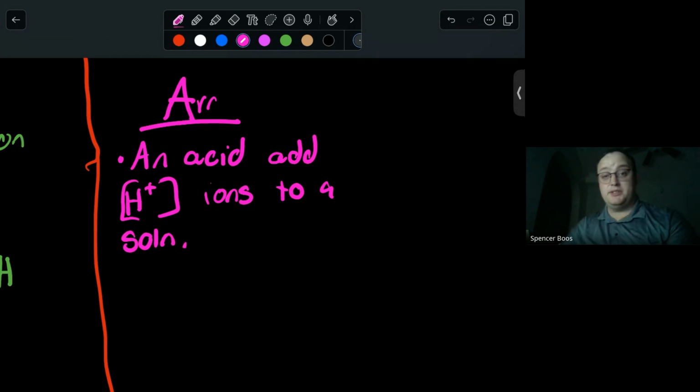A good example of this would be HCl, as it breaks up in water to H plus and Cl minus.